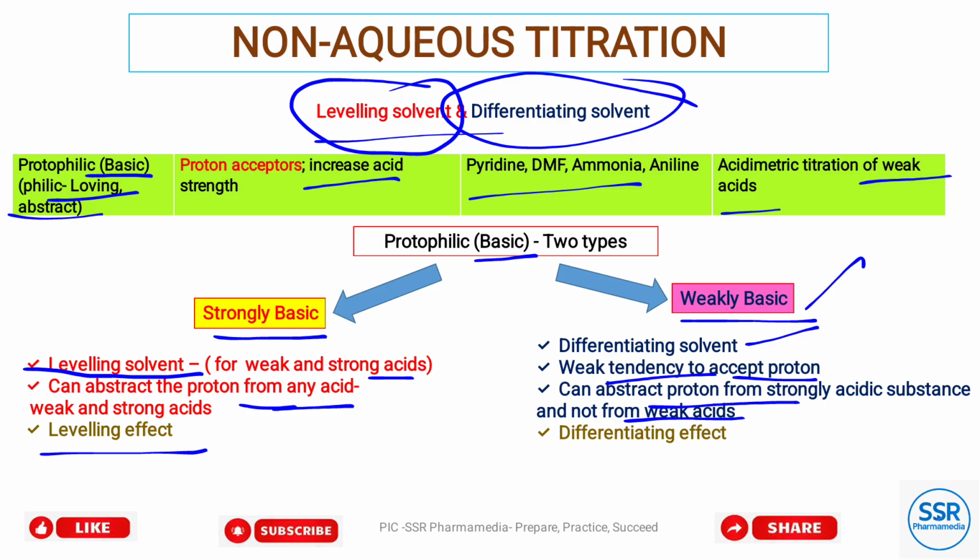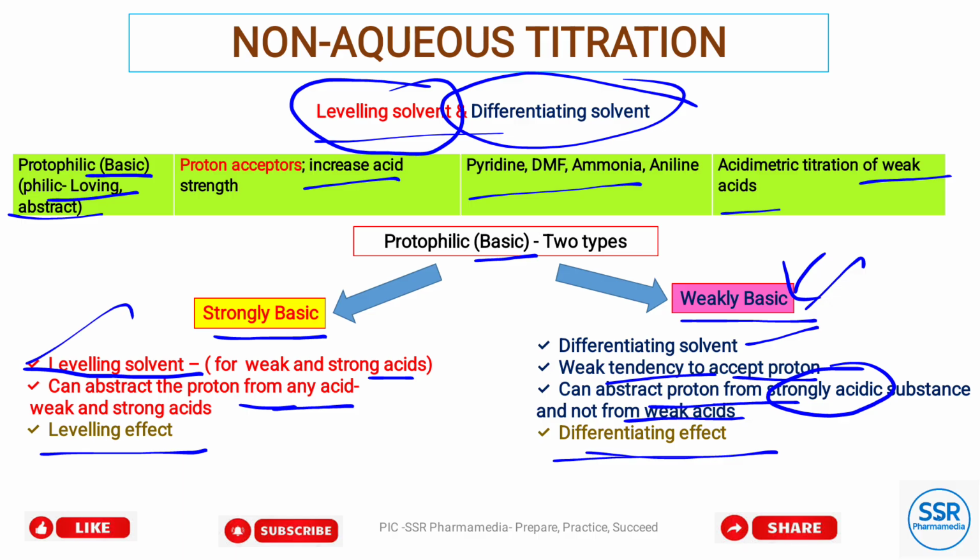Even though it is basic, it will not accept protons from weak acids, so it can differentiate between strong and weak acids. It accepts protons only from strongly acidic substances. This is called the differentiating effect.